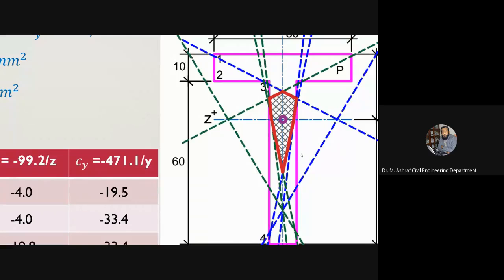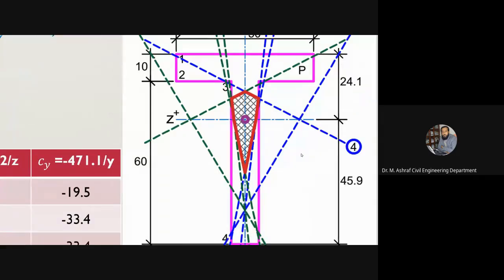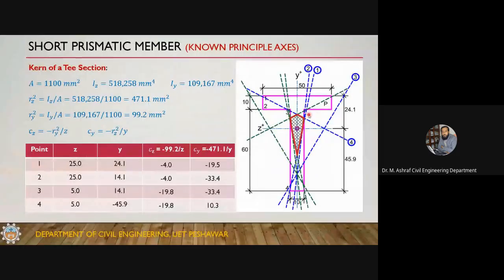So this is the kern of this T section. If you don't want any tensile stresses in this case, then place the load inside this kern section. You have 4 lines, and these green lines are the mirror of them.